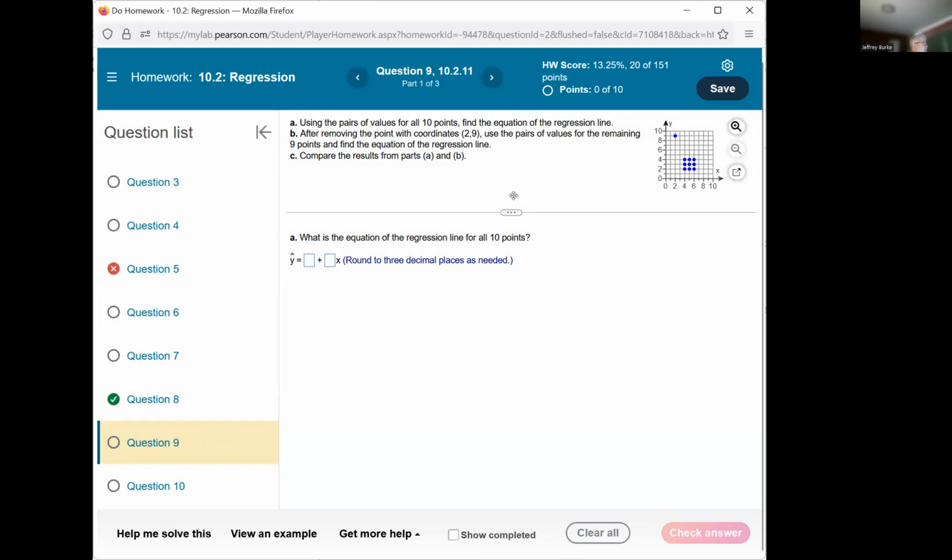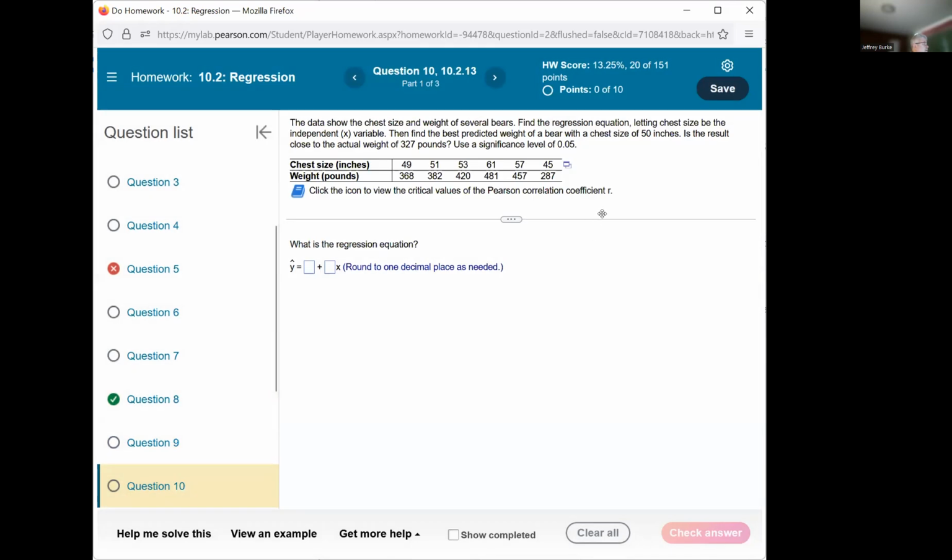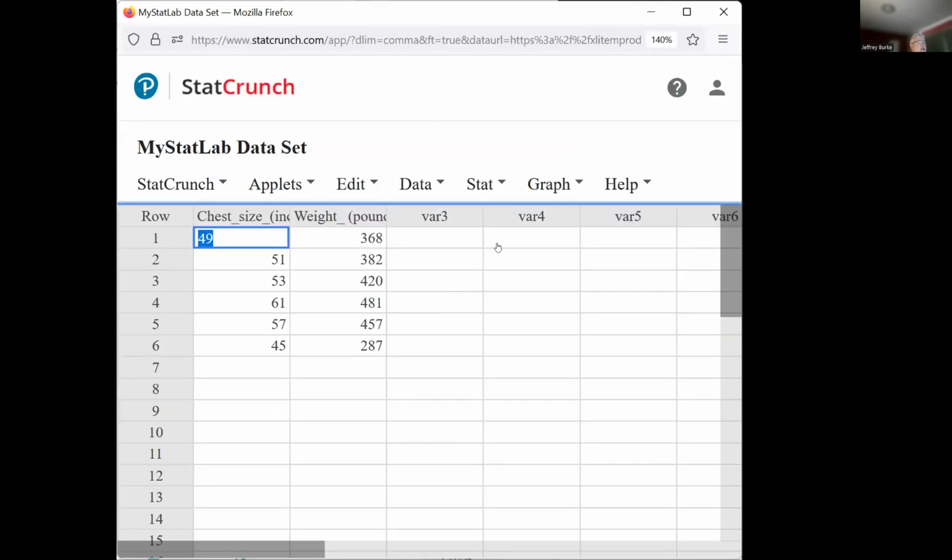Okay. This one, like I did the previous question, you just have to type in the information. Okay. Again, I'll show you one more example about how to find the regression line. So I'm in this data here. We're going to open it in StatCrunch. And I'll share that with you. Okay, so I want to find that.